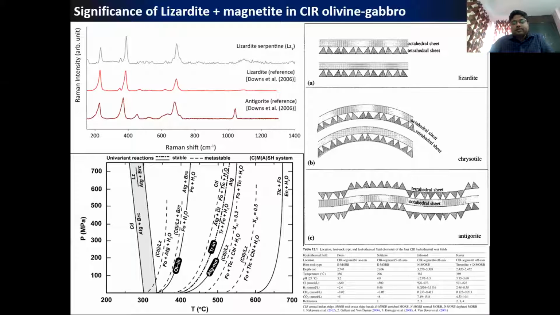The lizardite polymorph is stable up to 330 degrees centigrade, as you can see in the bottom left of this PT diagram, but antigorite is stable up to 400. The very presence of lizardite serpentine in our olivine rim proves that the olivine serpentinization reaction happened at a temperature of at least below 330 degrees centigrade.